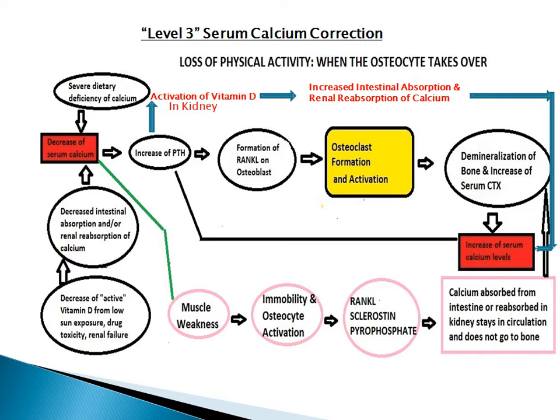The osteocyte takes over to supply the calcium needs. So the way to correct this, of course, is with calcium and vitamin D, and you can slow this process down.